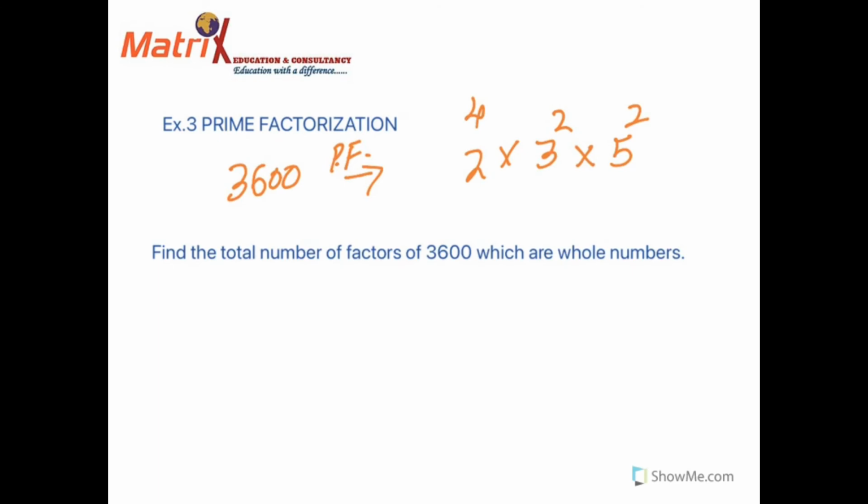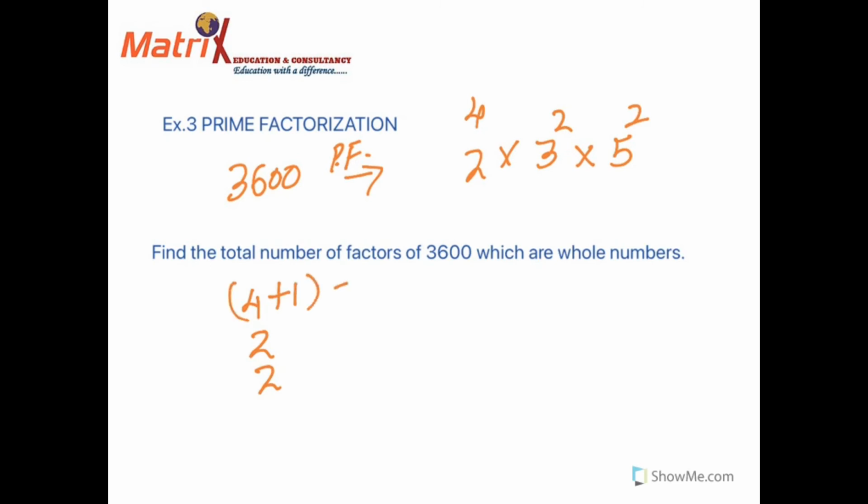So what we do, just make use of the exponential powers. 2 raised to the power of 4, so we will take 4. 3 raised to the power of 2, we will take 2. 5 raised to the power of 2, I'll take 2 again.